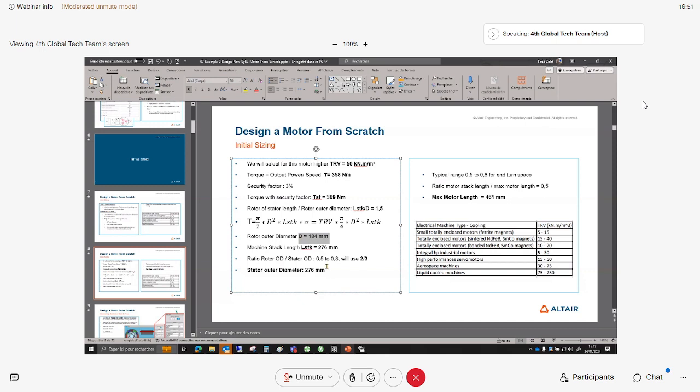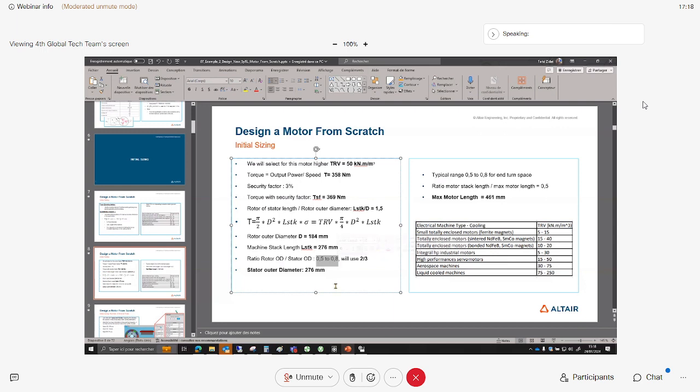And then to find the outer diameter of the stator, we have to fix a ratio. The usual ratio of the outer diameter of the rotor divided by the outer diameter of the stator is comprised between 0.5 and 0.8.